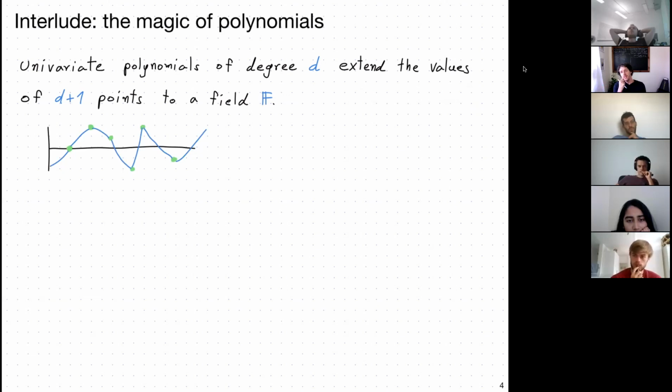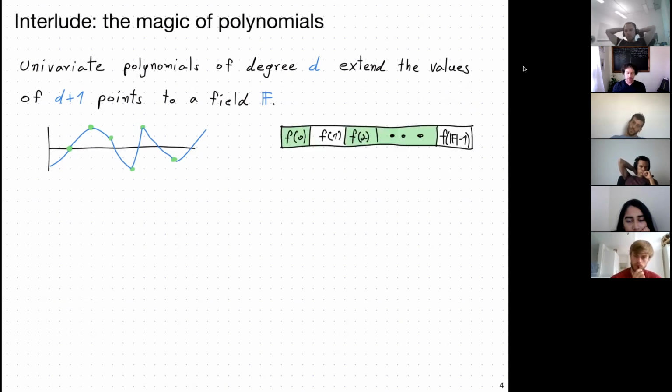Now, this innocent looking phenomenon, which is equivalent to the number of roots that a polynomial of degree d has, is actually what makes polynomials a good code. So what do I mean by that? You can always evaluate your polynomial at a certain number of places.